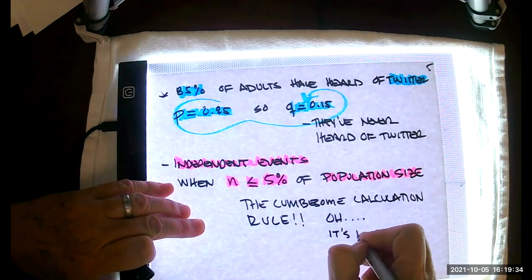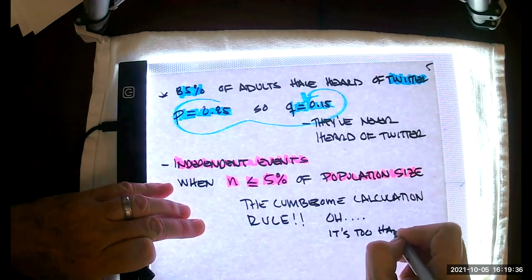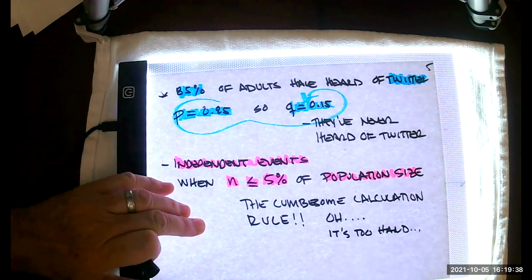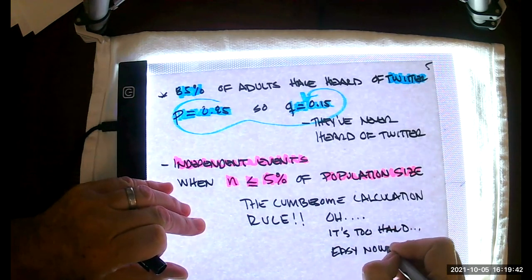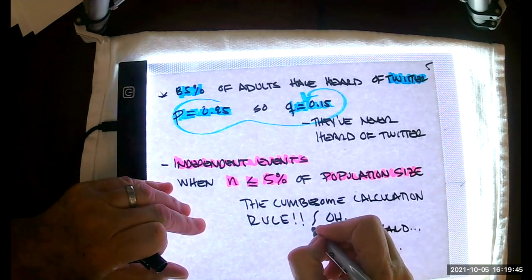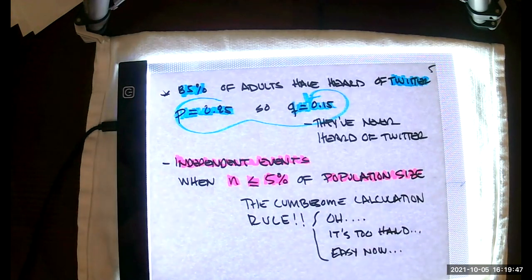Oh, it's too hard. I need an easier way. Easy now. All right, maybe I'm putting a little too much emphasis on that, but we really do use this cumbersome calculation rule all the time.